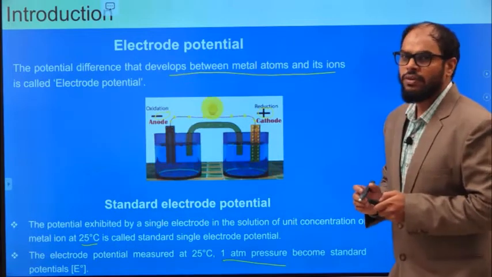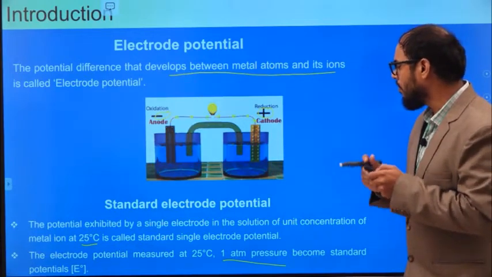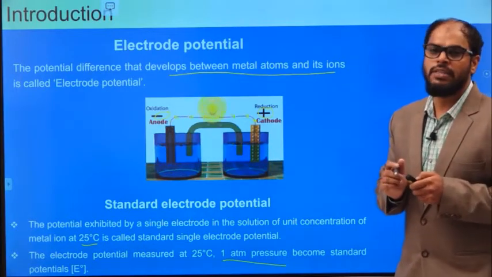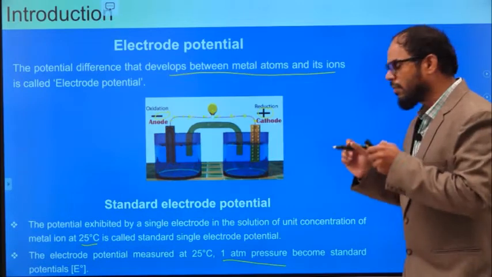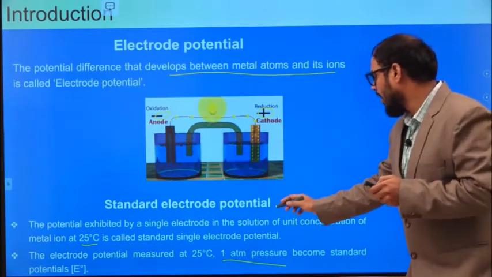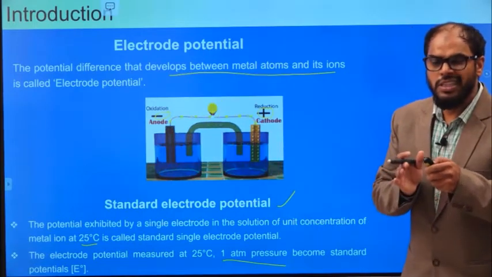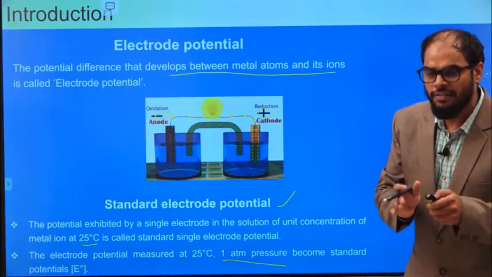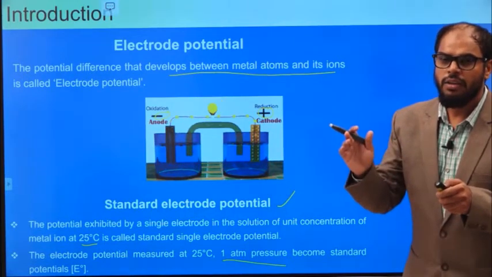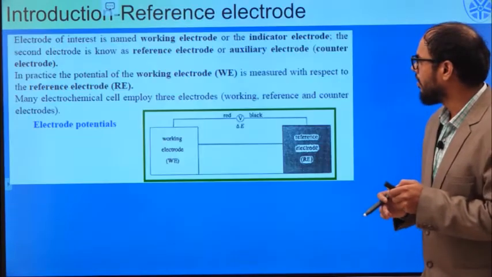Whenever we are trying to find out the electrode potential of any unknown electrode at these standard conditions of 298 Kelvin, 1 molar per decimeter cube, and 1 atmosphere pressure, then we are talking about the standard electrode potential. So, we are going to use this SHE electrode as a reference electrode to determine the electrode potential of any unknown electrode at these standard conditions.